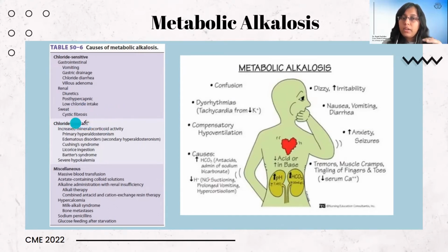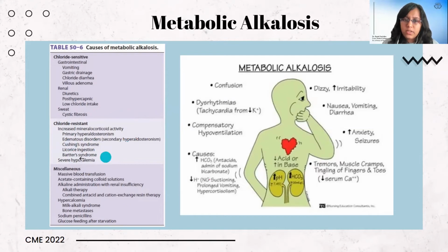I'll give you some background. Cystic fibrosis patients have a specific diagnostic test also called the sweat chloride test. They sweat a lot and it has chloride in it. They lose chloride ions. So again, these are where you're losing acid, building up bases. Now, other causes are electrolyte and endocrine causes.